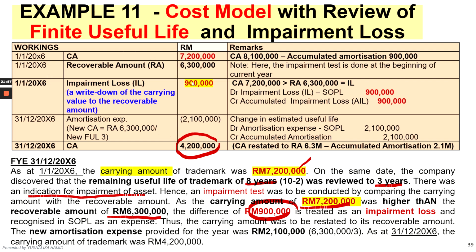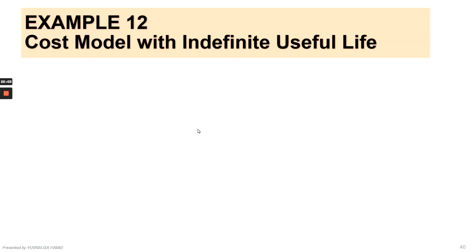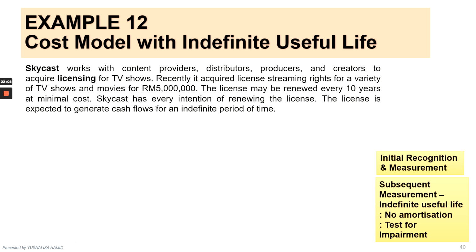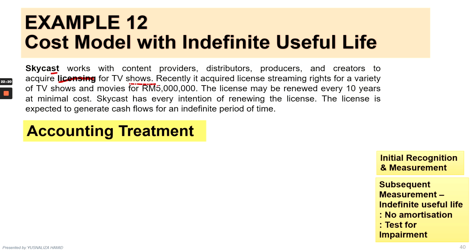Okay, what we will do now is look at the following example, where you have an asset with indefinite useful life. This is about a license that was acquired by Skycast for TV shows. They get the permission to be the provider.